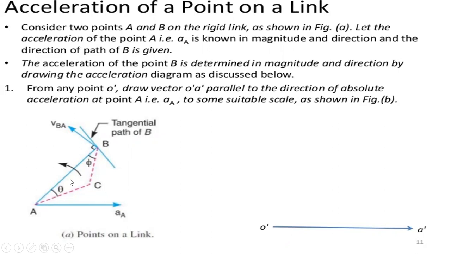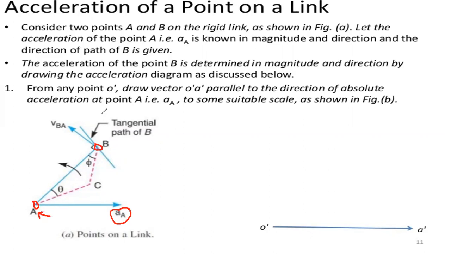So I'm taking this line AB as the rigid link, which has 2 points A and B. We are taking small a with suffix capital A. So that is the acceleration of the link or point A, the acceleration of the point or joint A, which is given in both magnitude and direction, and the direction of the path of B is given.